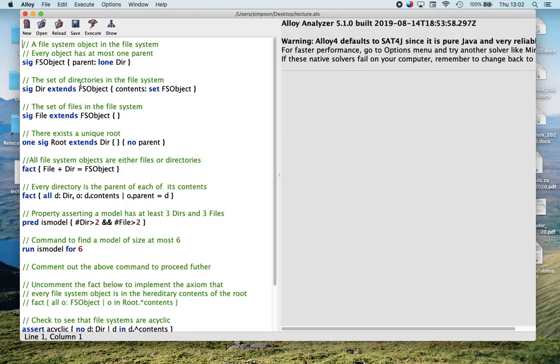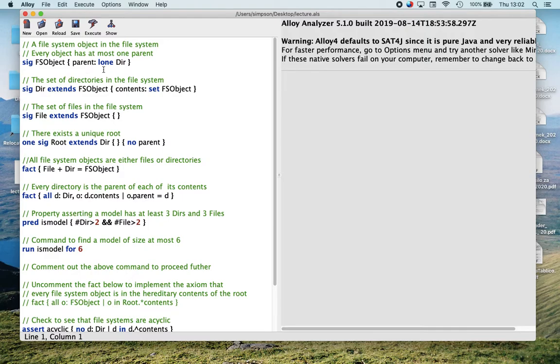And this is saying every element of the file system has a parent directory, in fact has at most one parent directory that contains it.